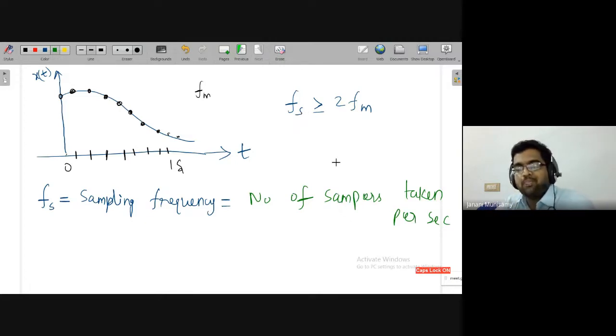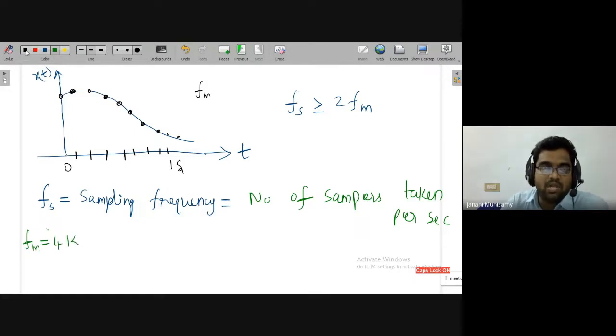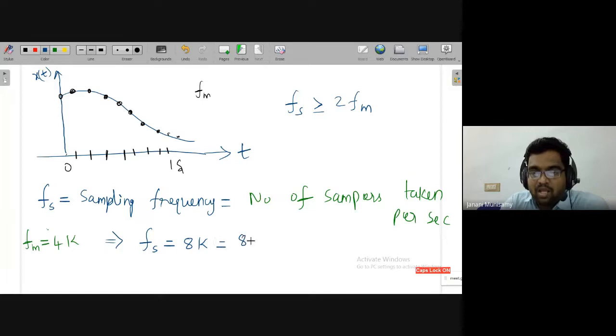Say, for example, if Fm is 4 kilohertz for a voice signal, I am restricting my maximum frequency to 4 kilohertz. That means Fs must be 8K. So what is the idea here? I have to take 8,000 samples per second.